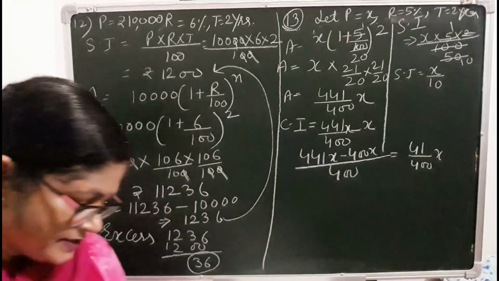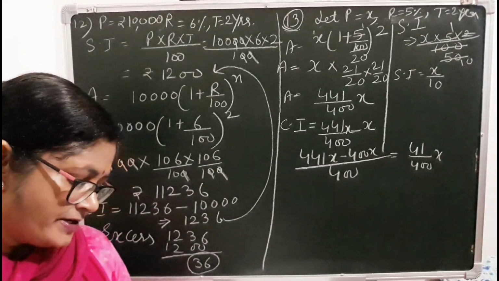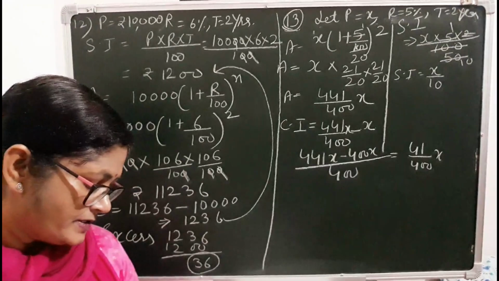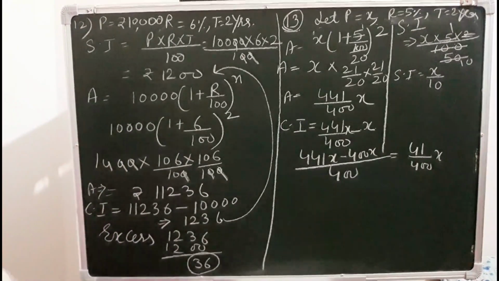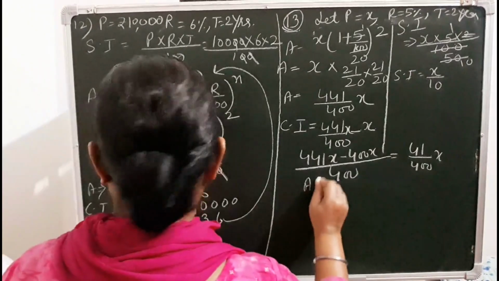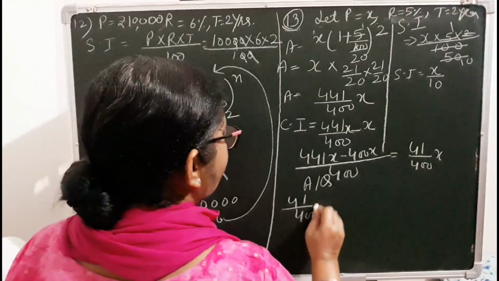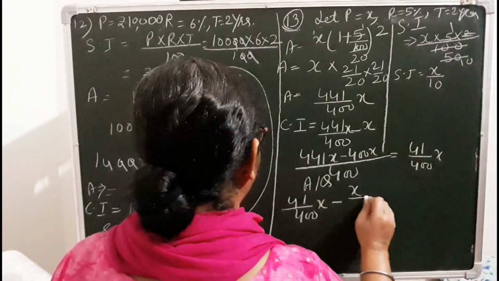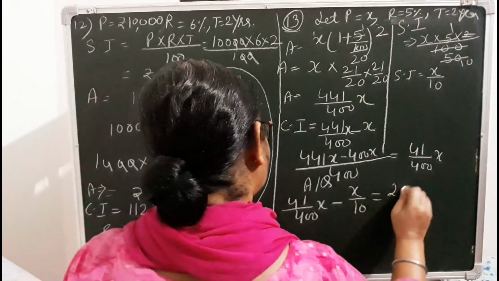Now the question is the difference between compound interest and simple interest is rupees 2.50. According to the question, 41 over 400 x is compound interest and simple interest x over 10, their difference is rupees 2.50.